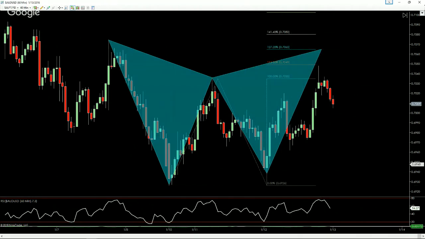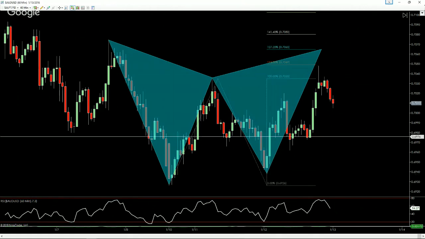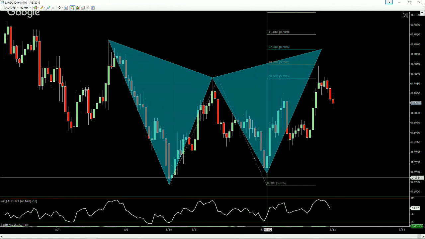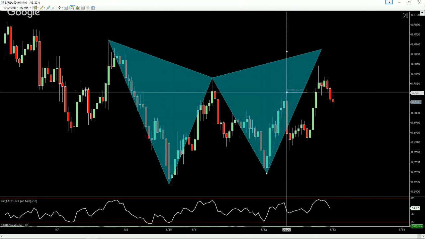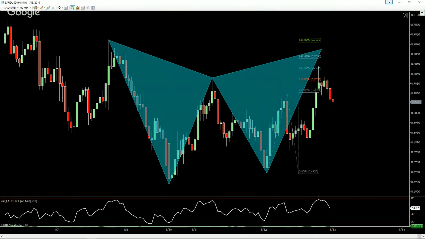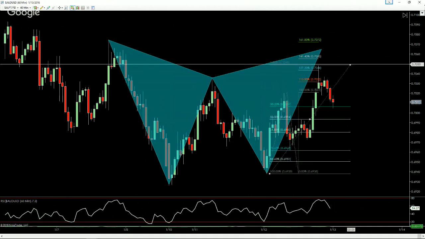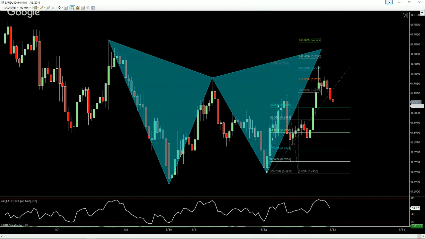Now, what we also have that could possibly, if that doesn't complete and actually goes back down to our 786, we do have a small cipher pattern.